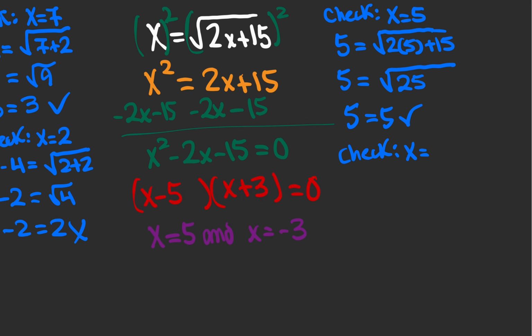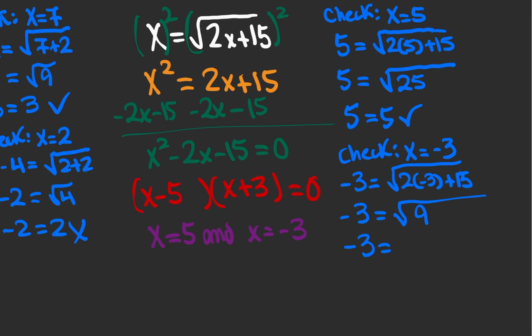Then we have x equals negative 3. So we have negative 3 on the left is equal to the square root of 2 times negative 3 plus 15. Well, 2 times negative 3 is negative 6, plus 15 will give us 9. So we have negative 3 is equal to positive 3. So that doesn't check out. So the only solution is x equals 5.